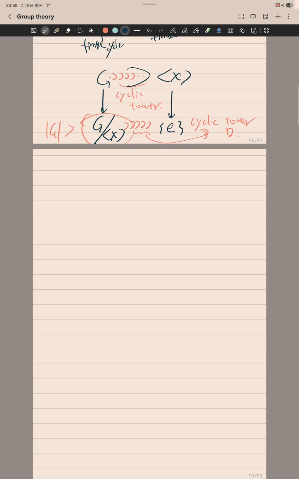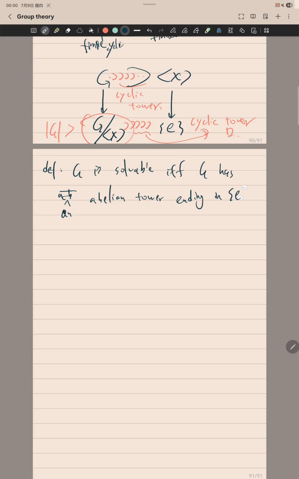Okay, so definition. G is solvable if G has an abelian tower ending in E. Previously we showed that any abelian tower can be refined as a Sigley tower, right?